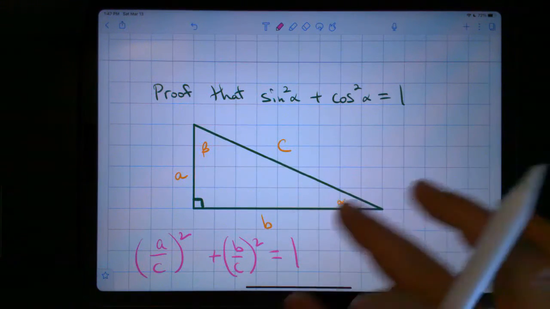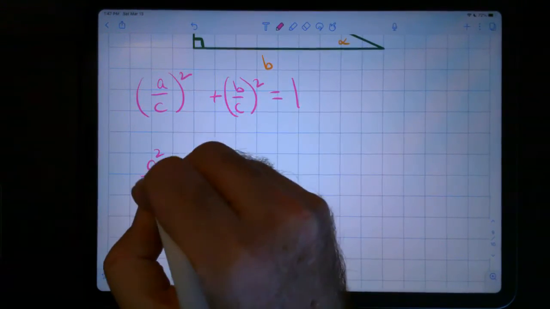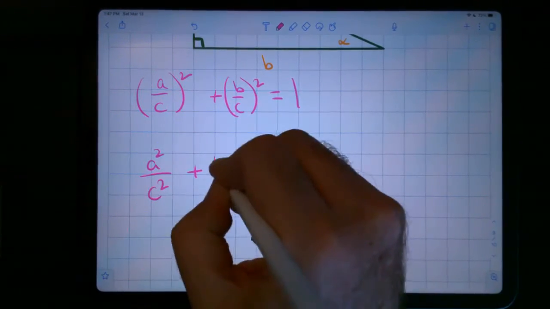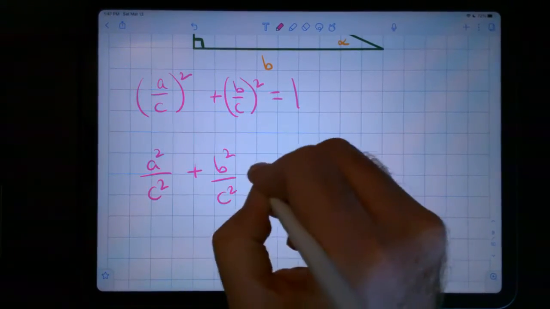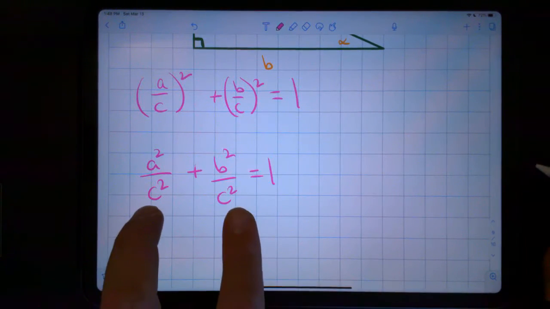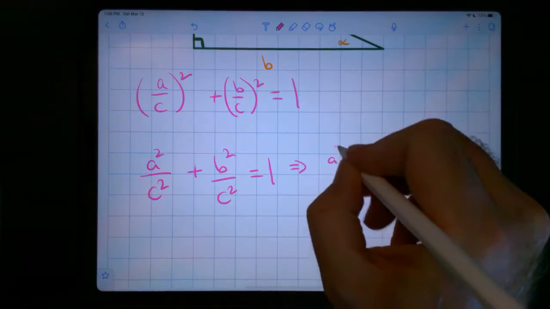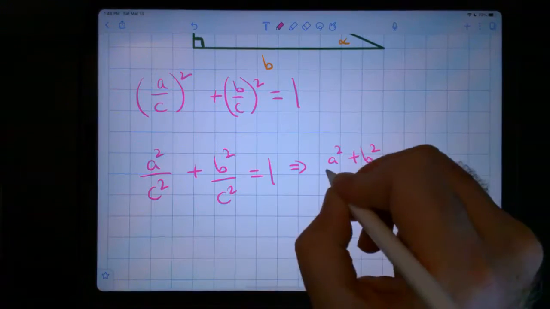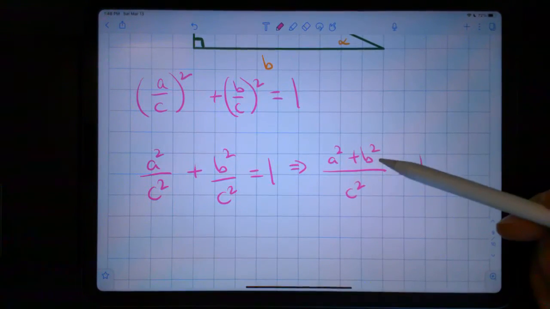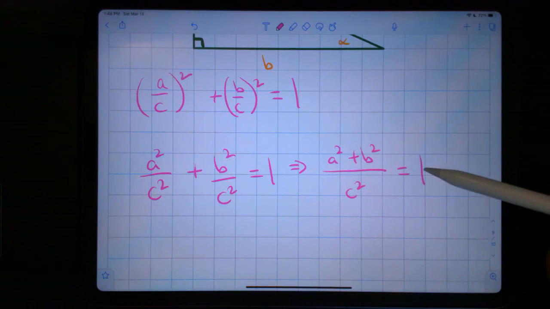Okay. Square these out. When you add or subtract fractions, you need the same denominator. Here we have the same denominator, and the same non-zero number divided by itself is equal to 1.